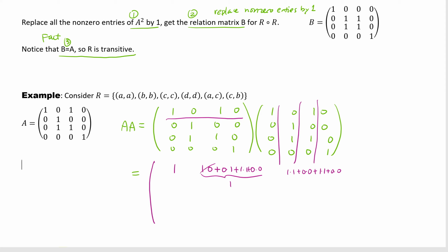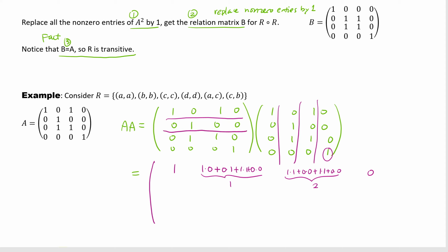So our result is 1. This is 1 plus 1, so 2. Eventually, those are a lot of zeros. The only non-zero is the last entry, but this one is 0. So that's why we get 0 in this entry.